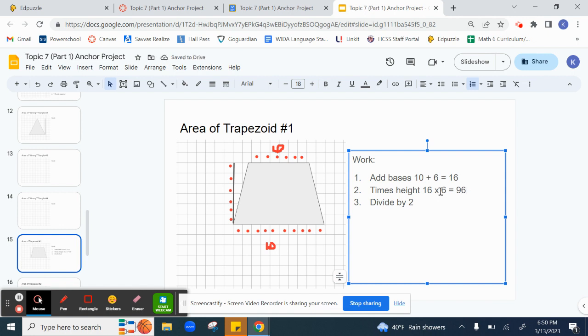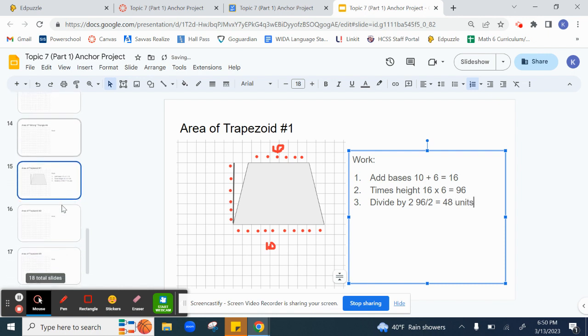Because 16 times 3 would be 48, and double it to do times 6 is 96. Now our last step is divided by 2. 96 divided by 2 is 48. Because half of 90 is 45. Half of 6 is 3. Put 45 and 3 together, you get 48 square units.